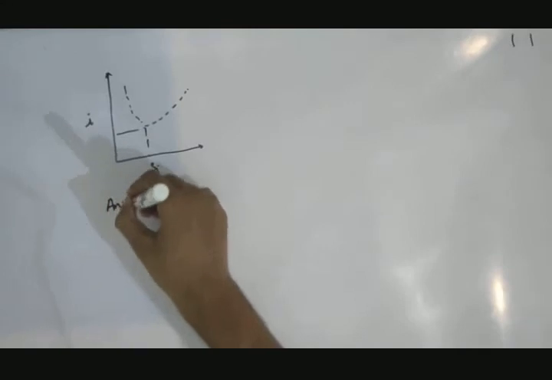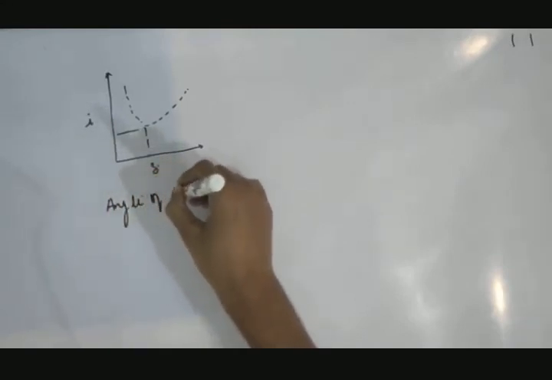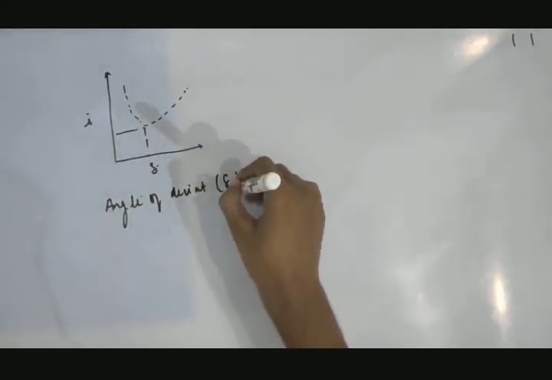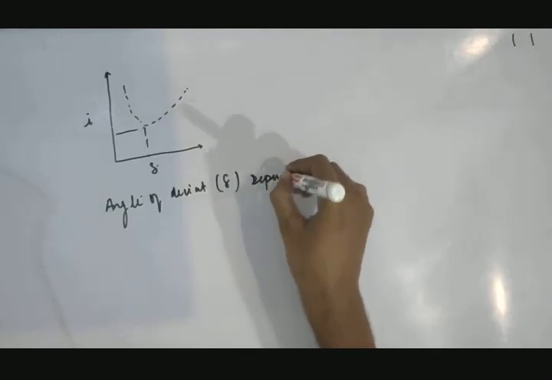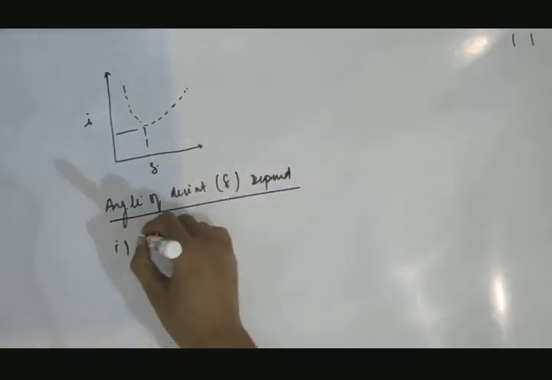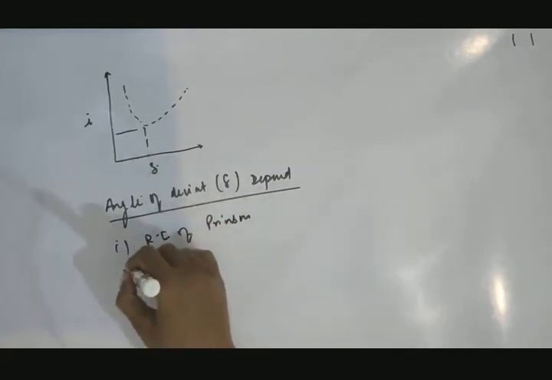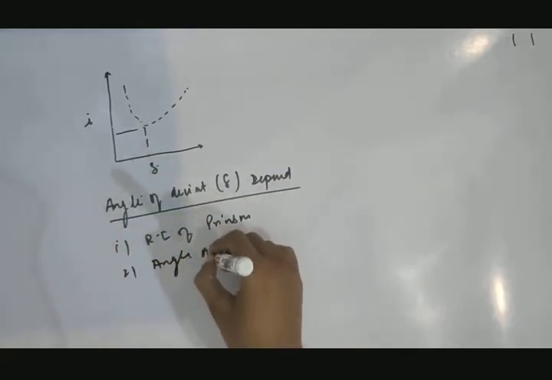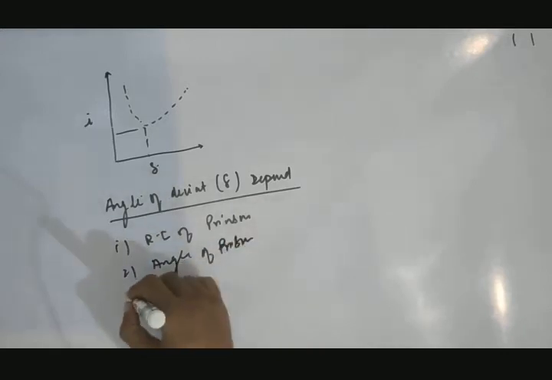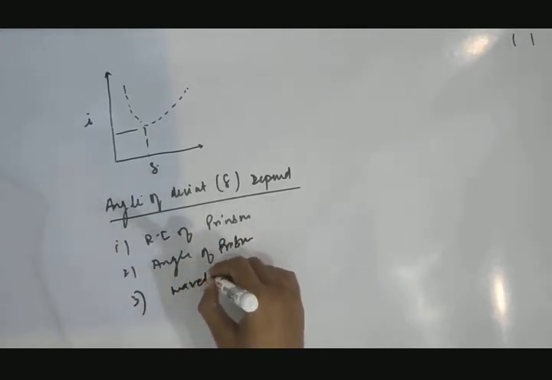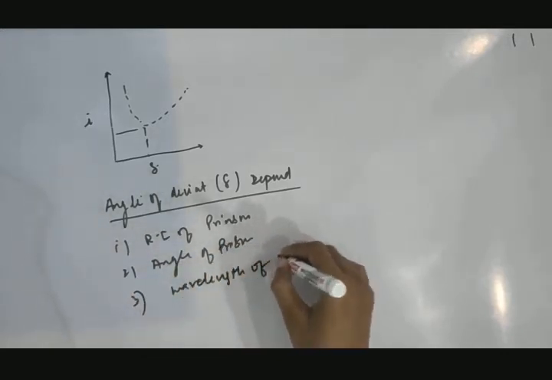Angle of deviation delta depends upon first, the refractive index of the prism, second, the angle of prism, and third, the wavelength of light used.